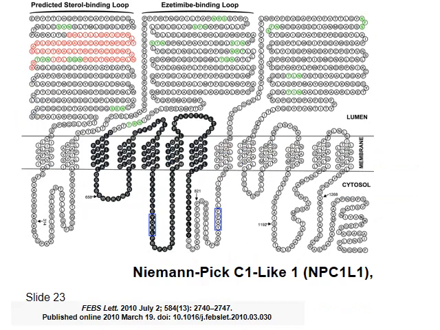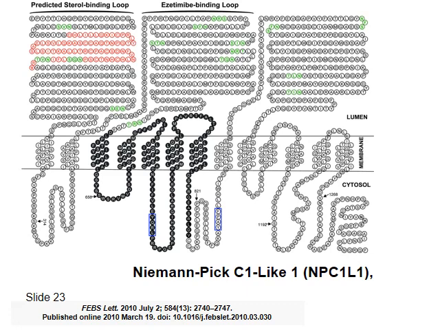So the NPC1L1 receptor stands for Niemann-Pick C1-like 1. This is a receptor which is very similar to the one that's affected in Niemann-Pick disease. And as you can see, it's got a large extracellular region, a large intracellular region, and it spans the membrane multiple times.